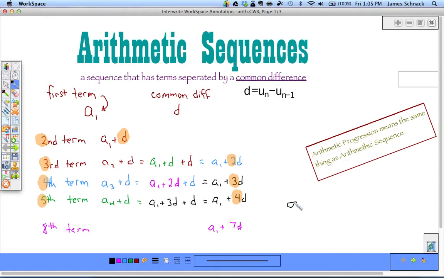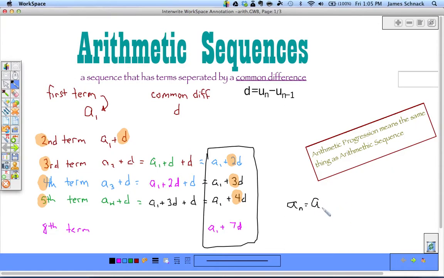And if you're feeling real bold today, let's see if we can't generalize a rule for the nth term. Pause the video, try and write down a rule that looks similar to what I have right here, but involving n instead of an actual number.